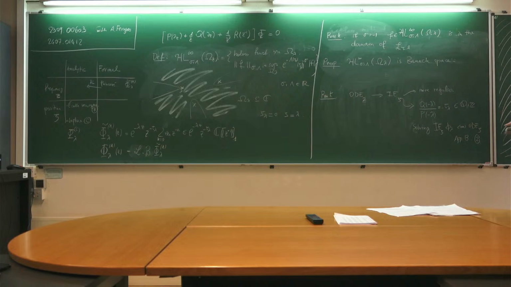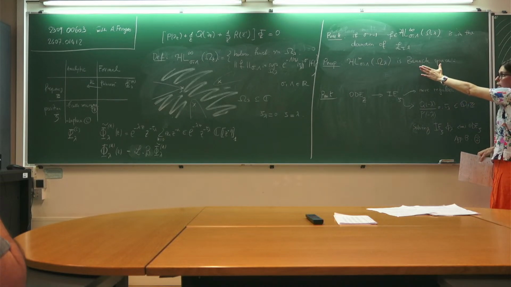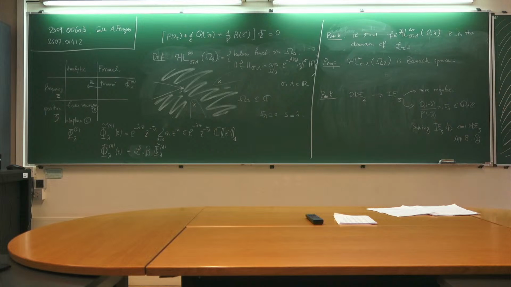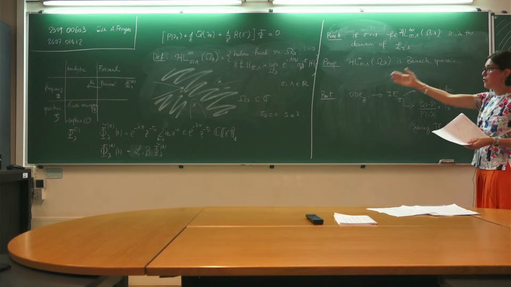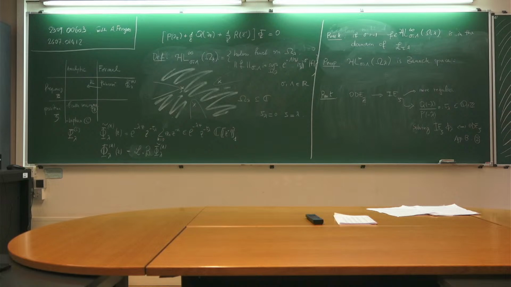I mean that Cauchy sequences converge. But without going too much into the analysis, why do we care about Banach spaces? Because a standard method to solve an integral equation is to use the fixed point method, or the contraction mapping theorem, for Banach spaces. So if we define a space which is in particular Banach, and then we can prove that a certain operator is a contraction, we will get the existence and uniqueness of a solution of our equation.